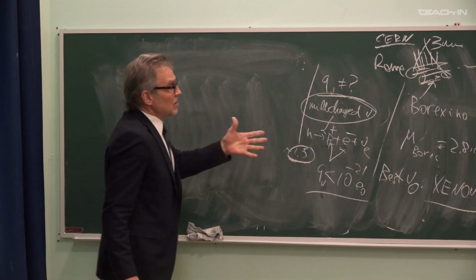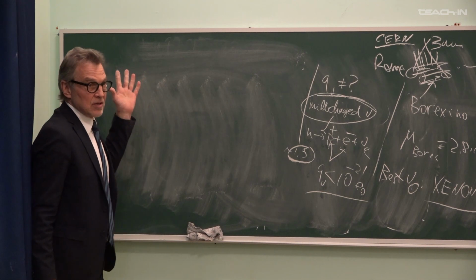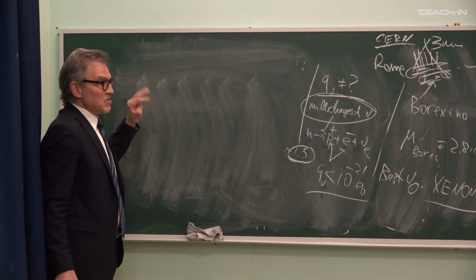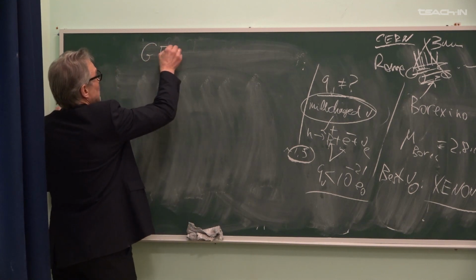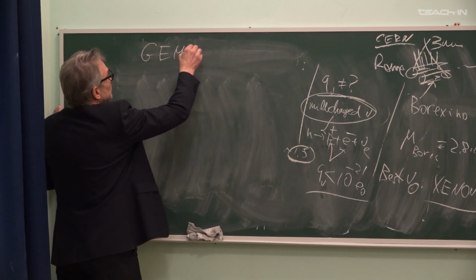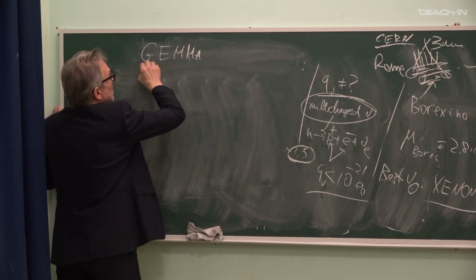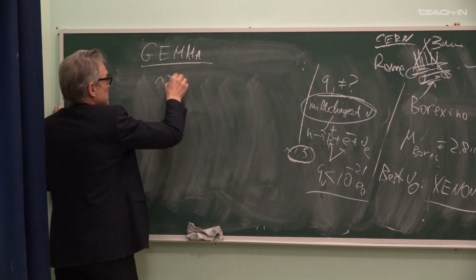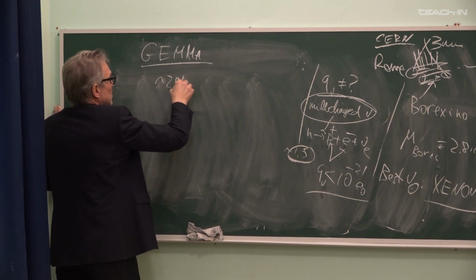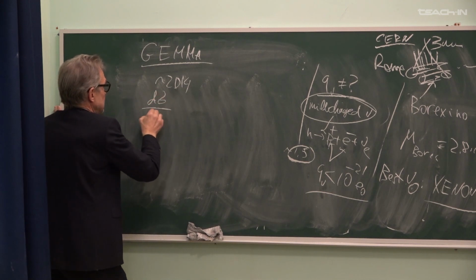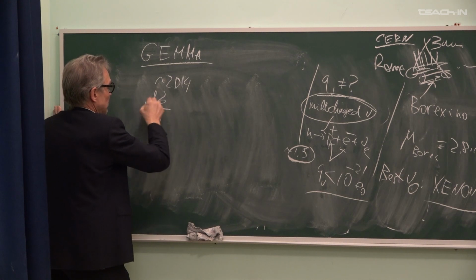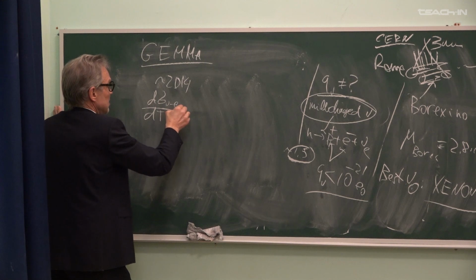In particular, the GEMMA experiment I just mentioned, also just about 10 years ago, in 2014. I added to the analysis of the cross-section of neutrino on electrons in GEMMA data.